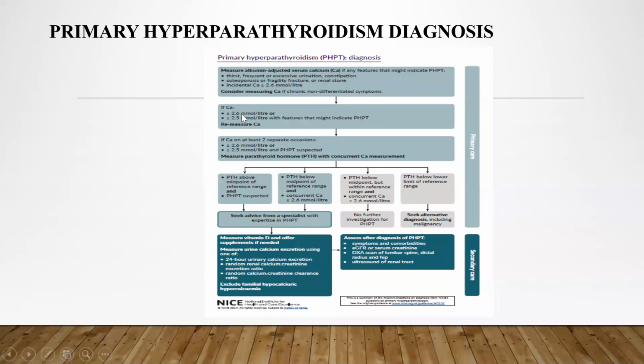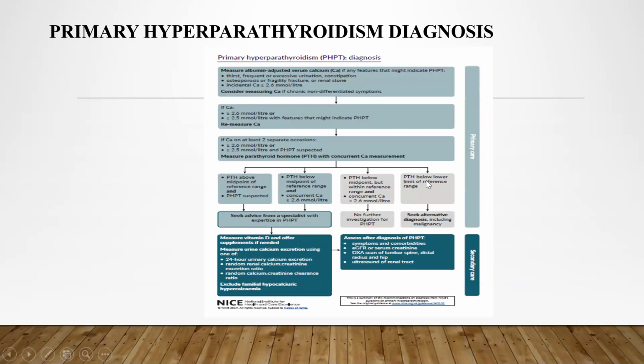If the patient has 2.6 or even 2.5, but has symptoms that indicate primary hyperparathyroidism, we can repeat the calcium again. If the measurement stays the same, we can measure parathyroid hormone. If the parathyroid hormone is above the midpoint of the reference range, this indicates primary hyperparathyroidism, and we're going to refer to the specialist endocrinologist for further assessment.